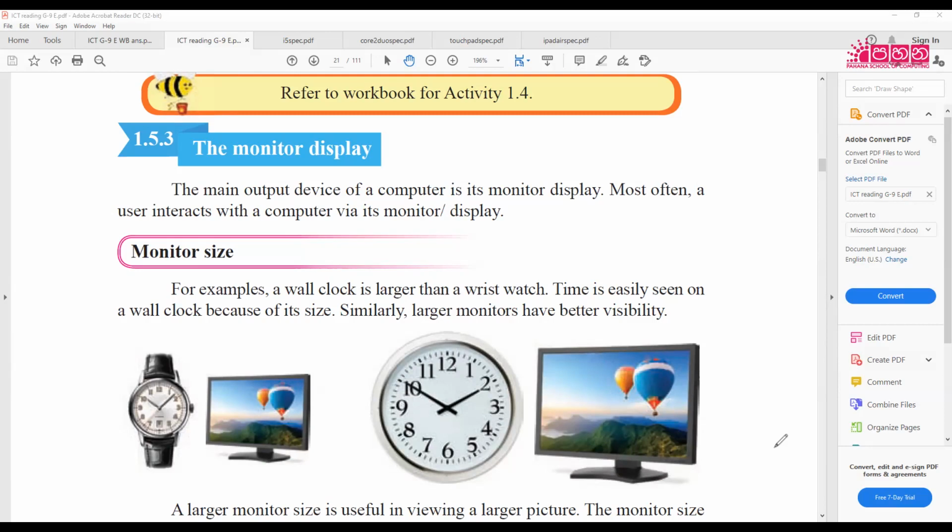Taranchi? Usually we say 21-inch monitor. You have 21 inch. Do you say we have 21 inch? You will say 21 inch. Sometimes we say 32 inch.